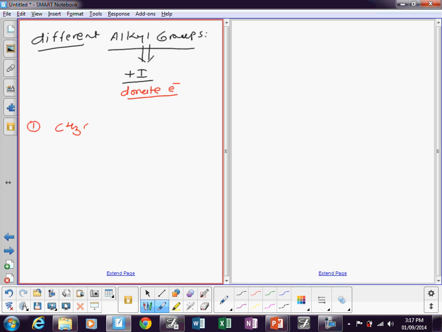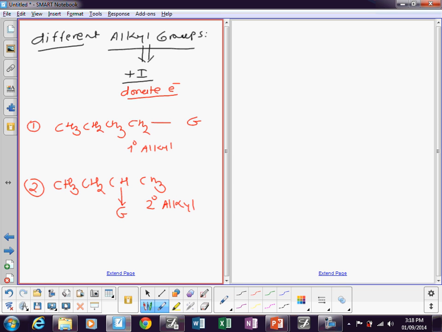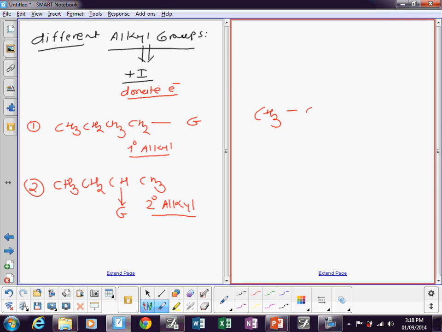One was primary alkyl, second is secondary alkyl, and the third is tertiary alkyl.